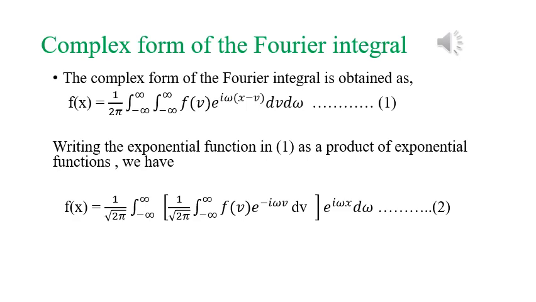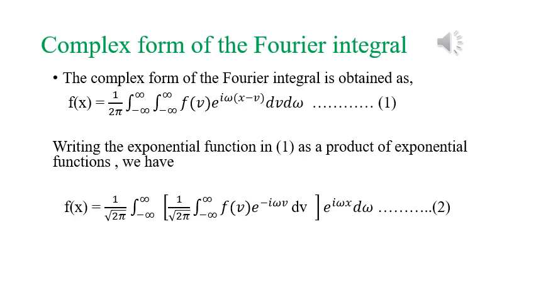And this equation number 1 can be written as a product of exponential functions, that is, e raised to i omega (x minus v) can be split into two, that is e raised to i omega x and e raised to minus i omega v. Then 1 by 2 pi can be written as 1 by root 2 pi into 1 by root 2 pi, and each integral takes one 1 by root 2 pi.